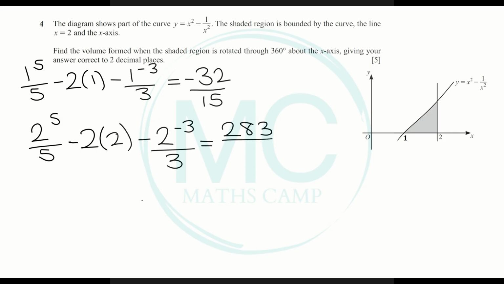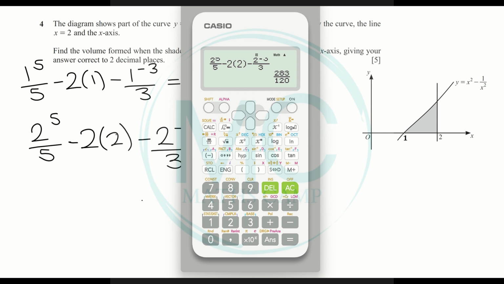283 over 120. Now we subtract the smaller value from the greater one. We have negative 32 over 15. This value is smaller. So now take your calculator. We already have 283 over 120.